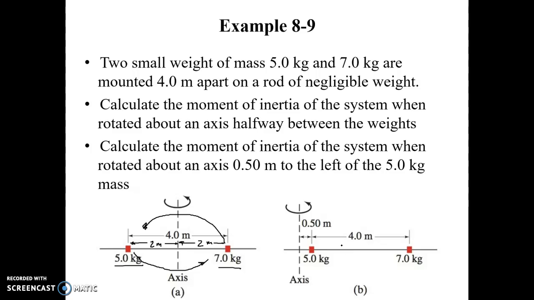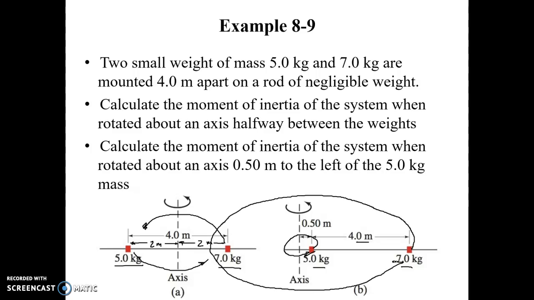Versus over here, we're going to spin the same two masses, 5 kilogram and 7 kilogram, and they're still 4 meters apart. But instead of rotating them about an axis in between them, we're going to rotate them about an axis off to the side here. So this one's going to have to rotate like this, and this one's going to have to go all the way over and around and back.